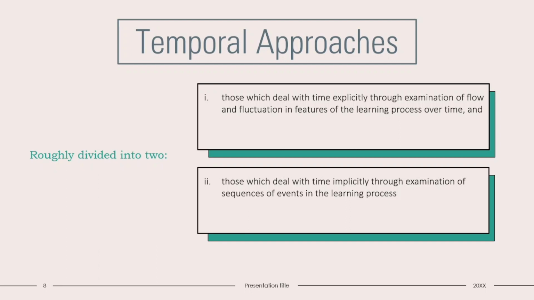Similar to structure discovery, temporal approaches to data analysis also look to discover previously undefined patterns in the data. But in this case, the patterns relate to the sequence and flow of events over time.